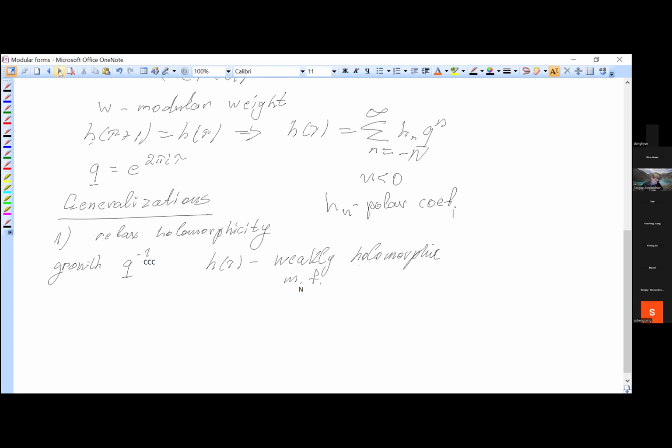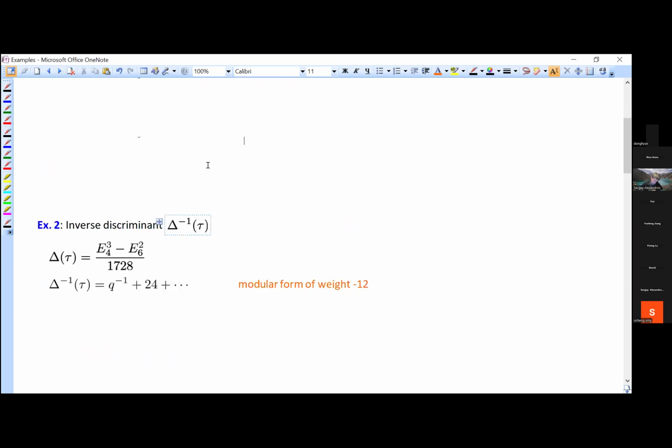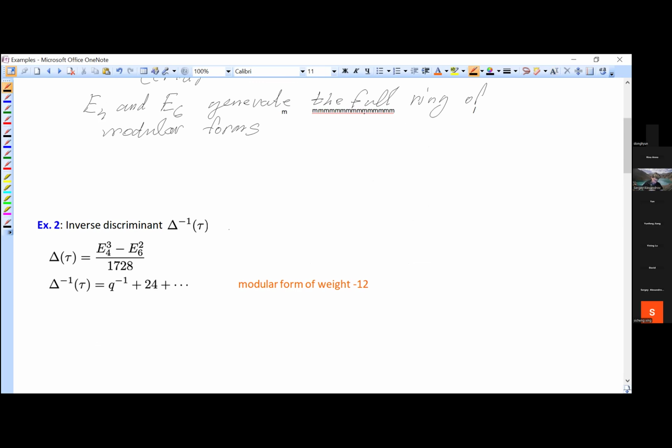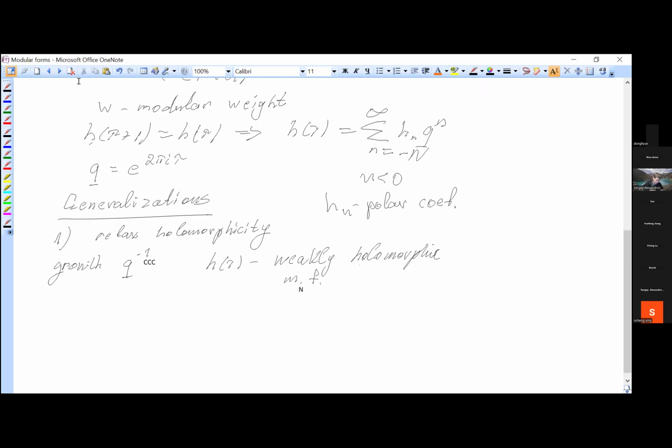Just to give you an example, the simplest example of such a function is the so-called inverse discriminant, which is given by a combination of Eisenstein series. If you take its inverse, then the first term appears like 1 over q. This is the simplest example of a weakly holomorphic modular form, which has weight minus 12. Okay, so this is the first generalization.